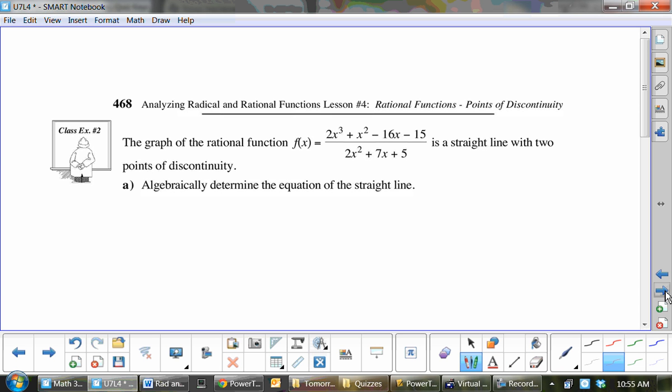Okay, let's do one more. The only difference between example 2 and example 3 is the factoring is harder, but the concept is the same. Now, whenever you do these, factor the bottom first, okay?